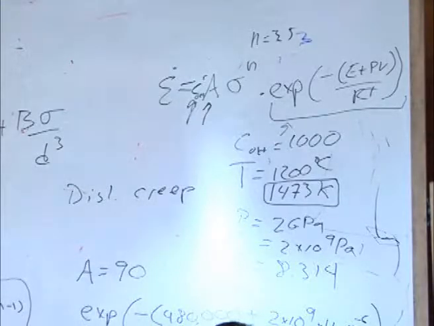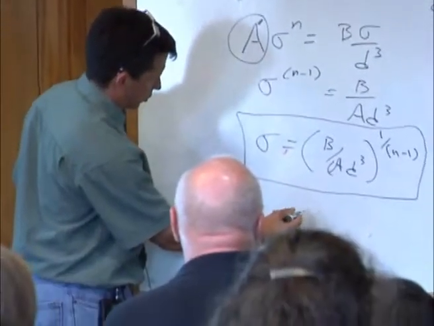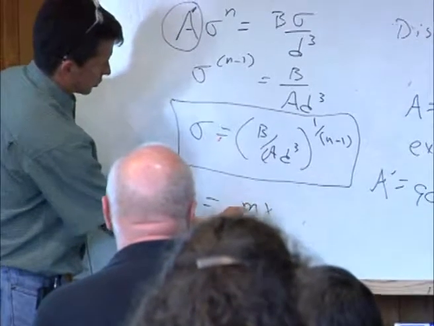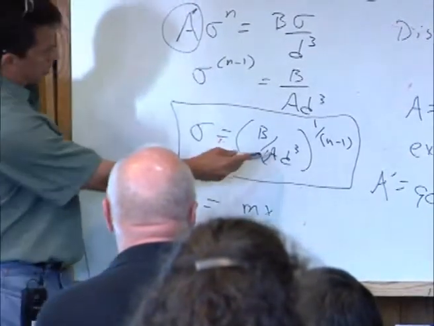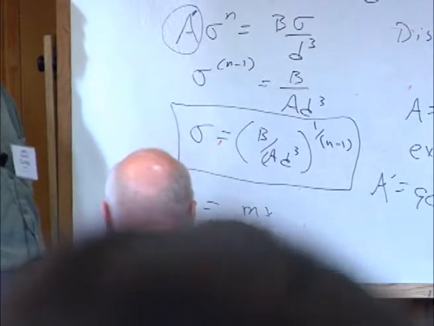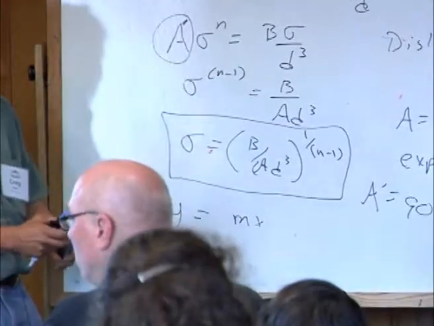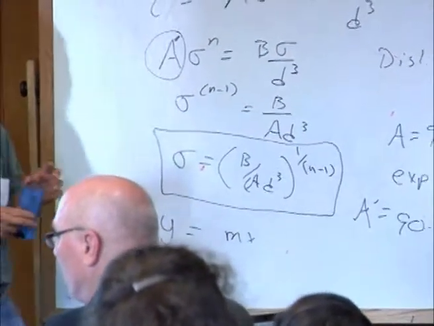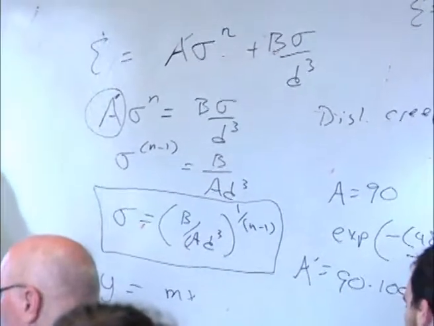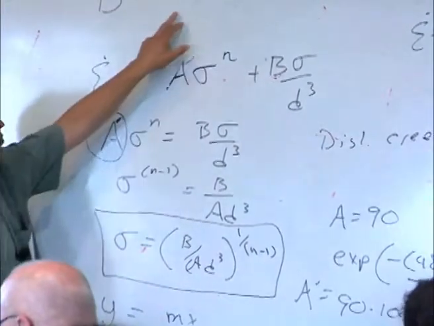That's right. So then you're going to write this as an equation, y equals mx, where you're going to use d as x to get that equation. So you can see, what is B? All right, someone tell me what B is. So, diffusion creep. All right, so B is 1 times 10 to the 6th.